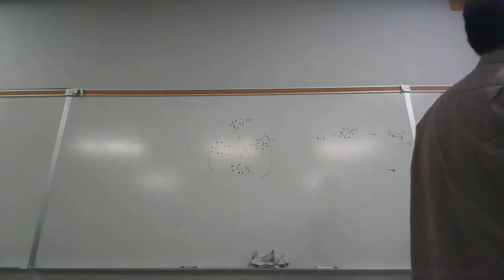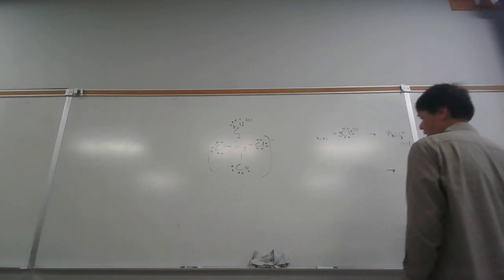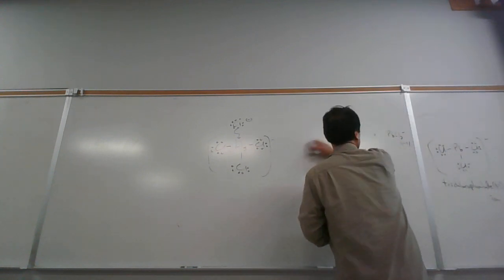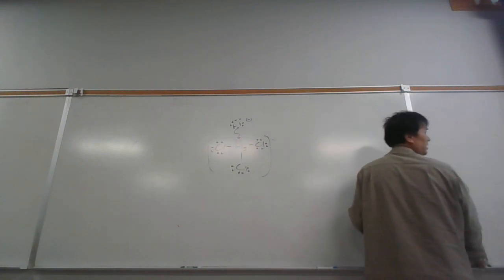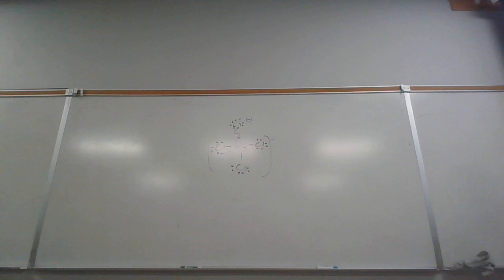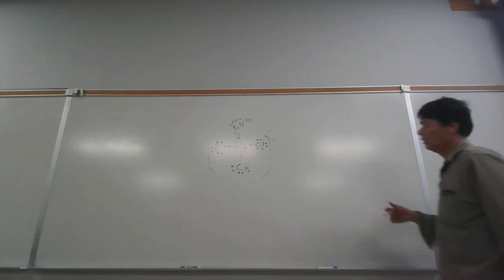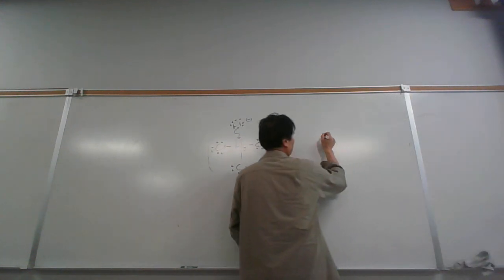I don't like the way the book does Lewis structures for ionic compounds. So for example, zinc hydroxide is an ionic compound, but the book draws this as a molecular compound. Not. And so I'm going to do this one since the book does it differently.